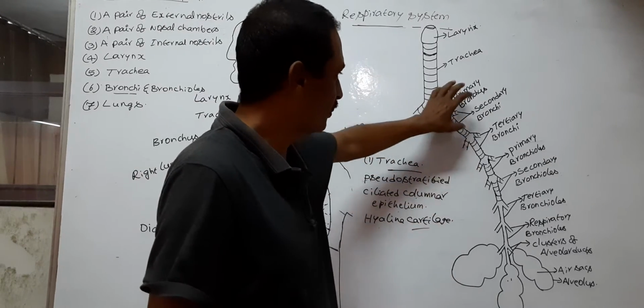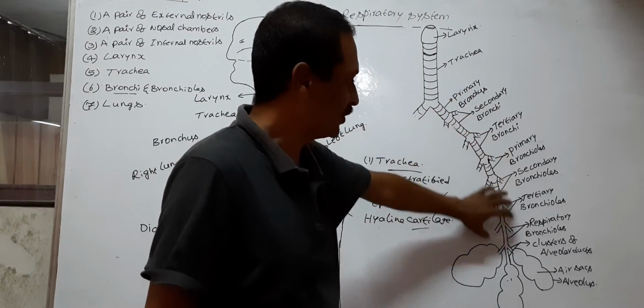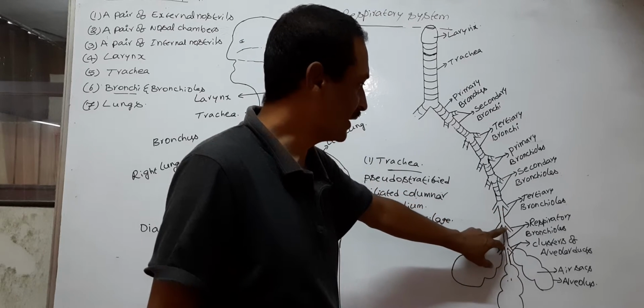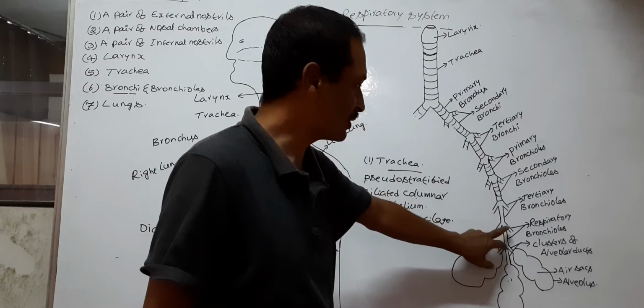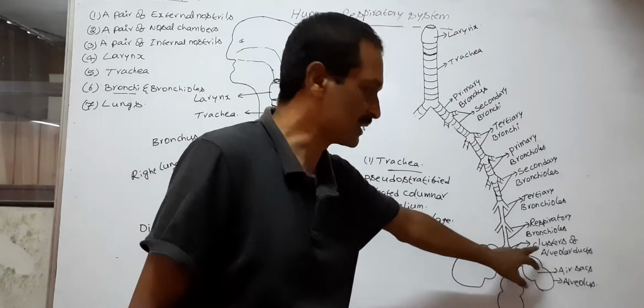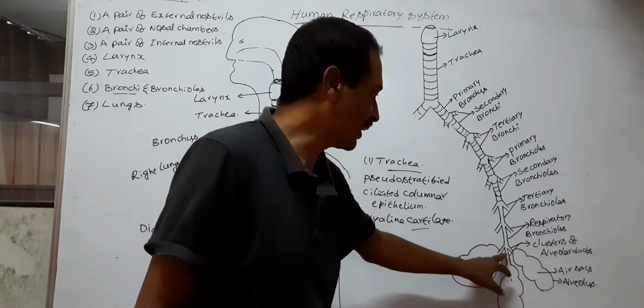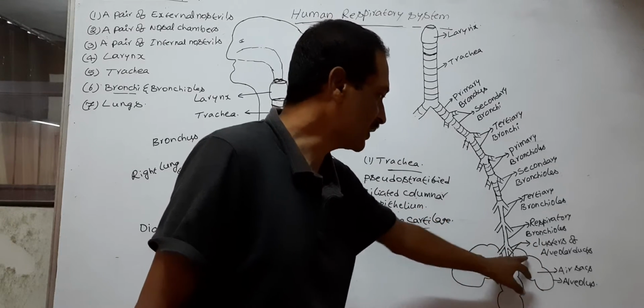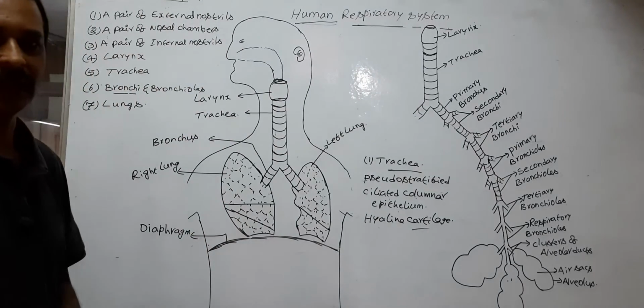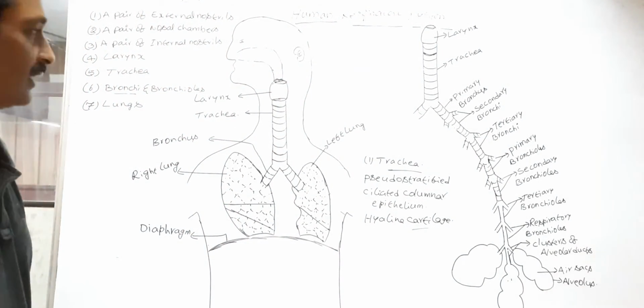So the tertiary bronchioles divide into respiratory bronchioles, which divide into clusters of alveolar ducts. The clusters of alveolar ducts open into the air sacs of the lungs.